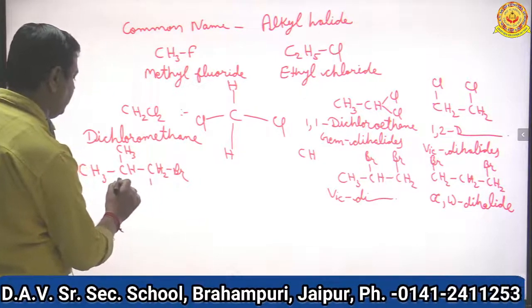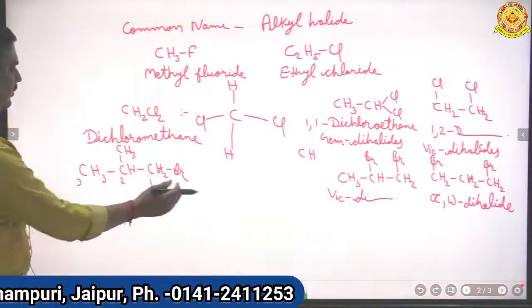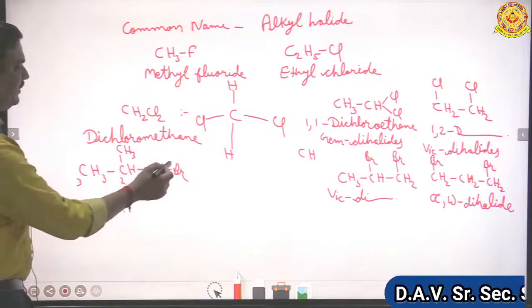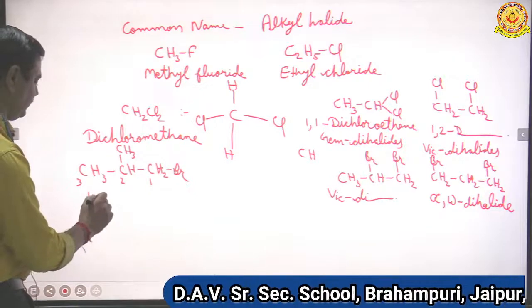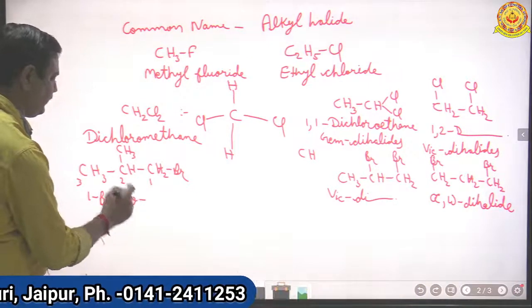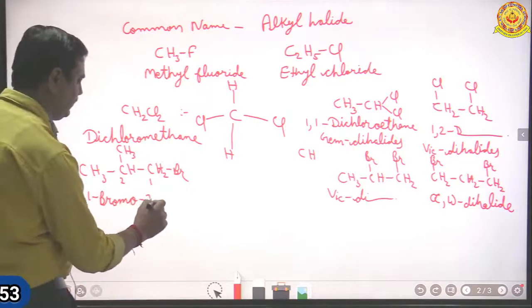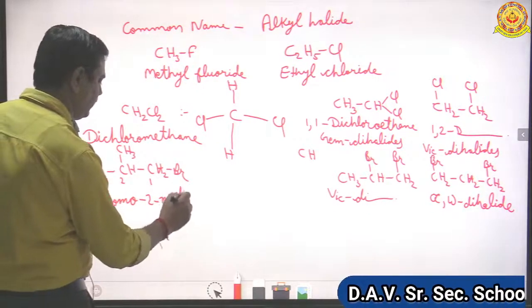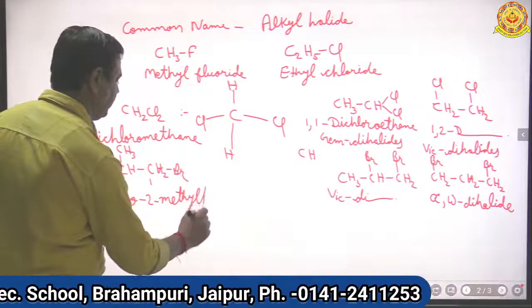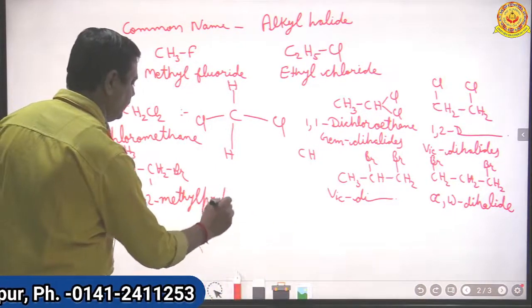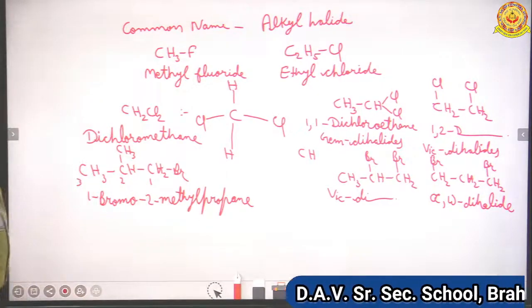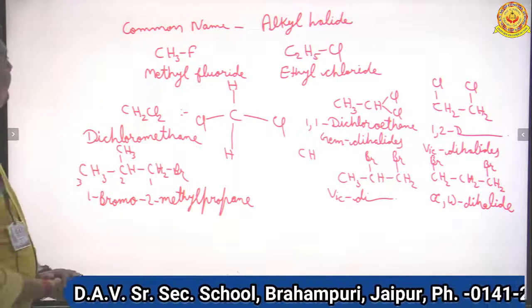We will number this chain from right to left. So it will be 1-bromo-2-methylpropane.